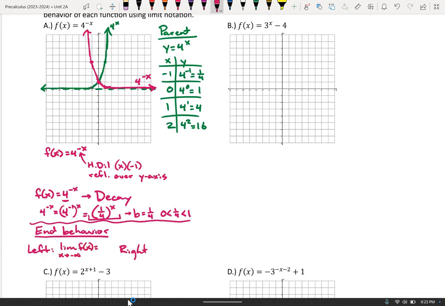Well, looking on the left, where is my function going? It's shooting off definitely to positive infinity. So that would be equal to infinity. Whereas on the right, I have the limit as x approaches positive infinity for my function. And that is going to the horizontal asymptote of 0. So I have my transformations to help me graph. I had that it was exponential decay, and I have my end behavior.